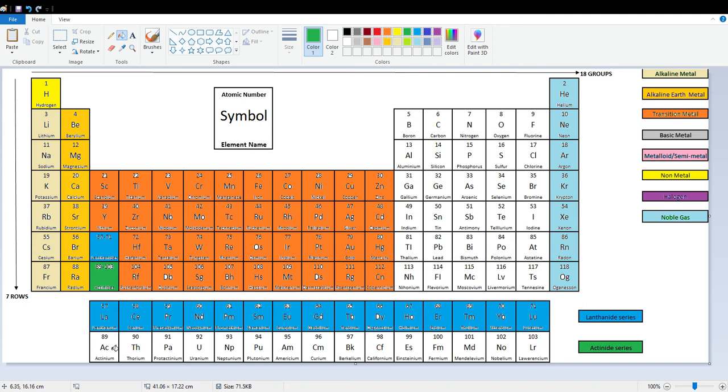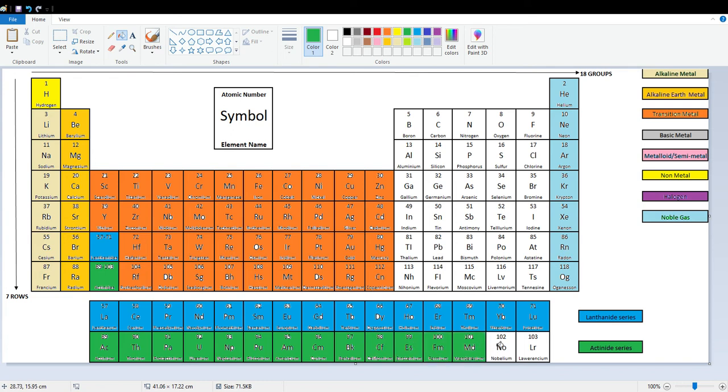Some of the well-known elements in the actinide series are uranium and plutonium, which are very well known for their radioactivity. Both these lanthanide and actinide series have been separated simply to accommodate the lengthiness of the elements covering their respective group.